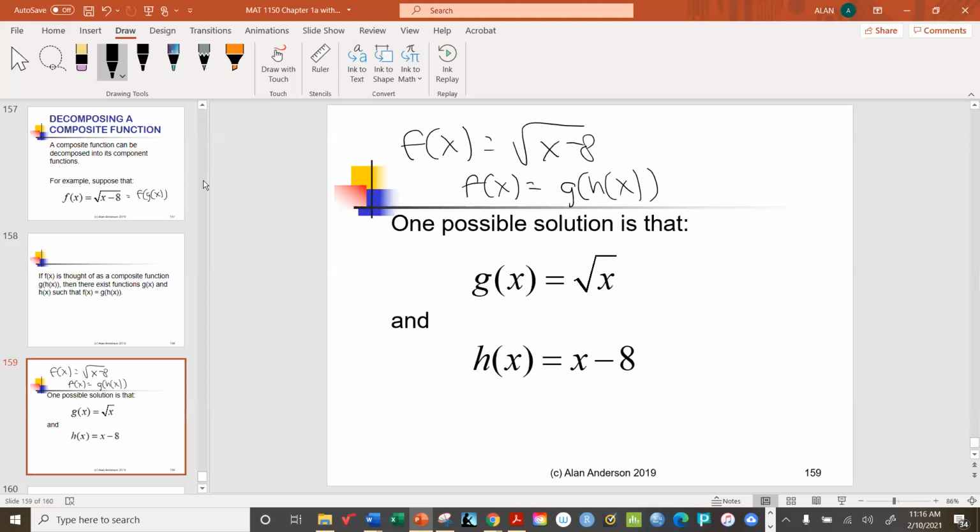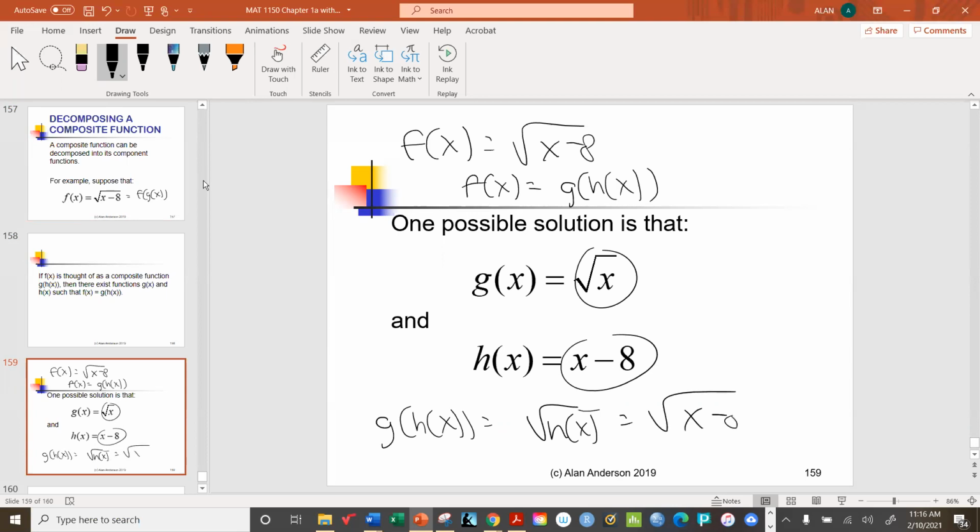So if we call g of x radical x and h of x x minus 8, then clearly that means that this is equal to radical h of x, which is, oh yeah, here we go. So it means that f of x could be thought of as a composite of these two functions.